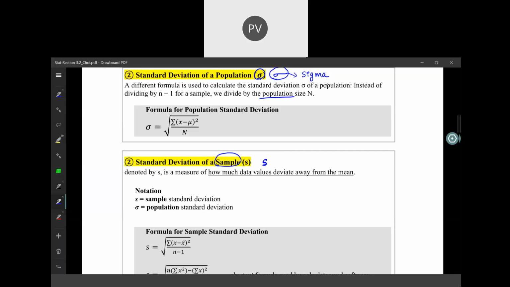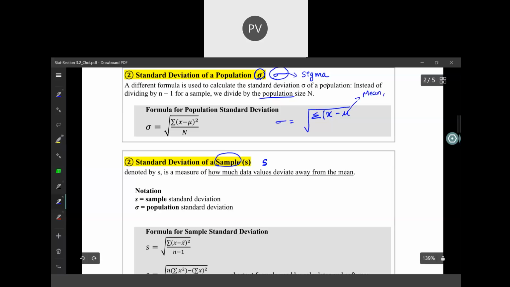The formula of standard deviation is given by the square root of the summation, the sum over all the data values, of x, where x is the data values you have, minus mu. What is this mu? This is nothing but the mean.